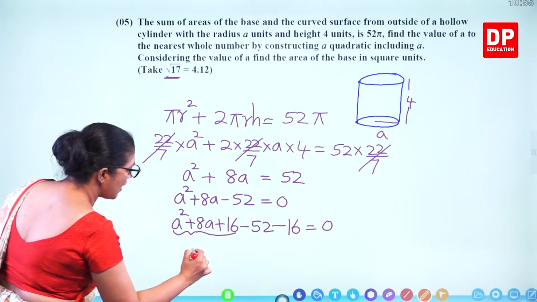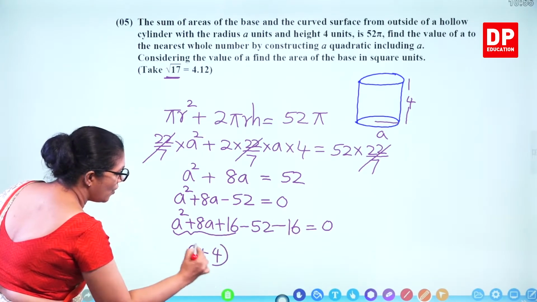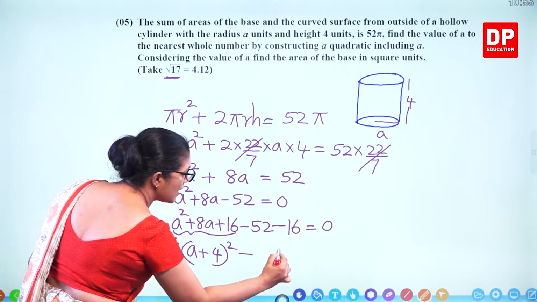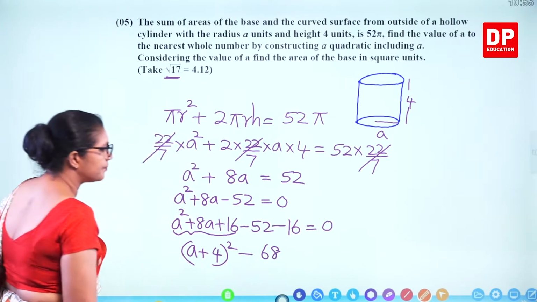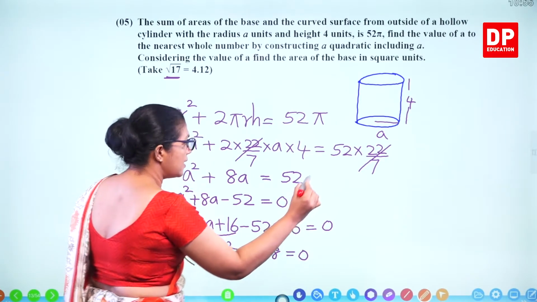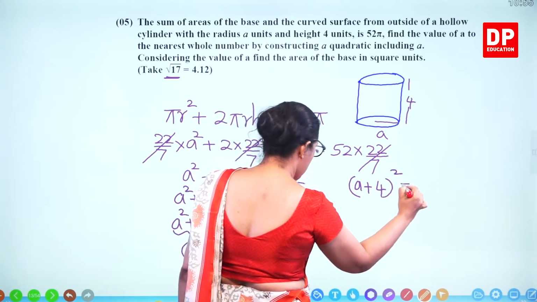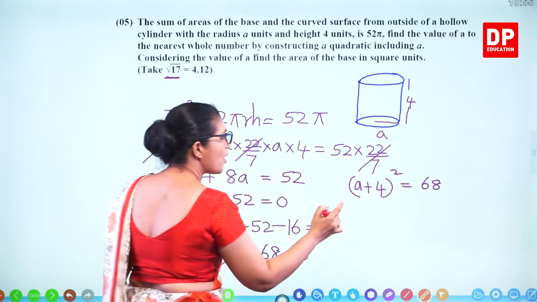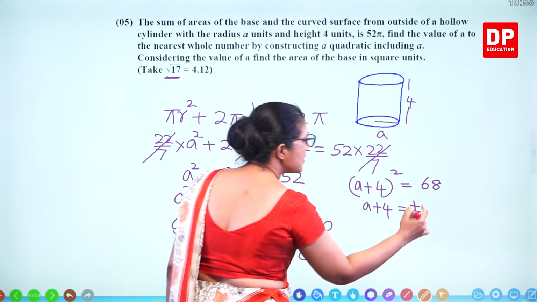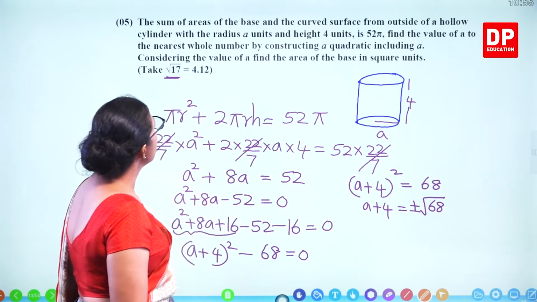So these three you can write as A plus 4 squared, minus 16, minus 52, you get 68. Now take it to the other side. A plus 4 squared is 68. Now take the square root on both sides. A plus 4 is plus or minus the square root of 68. What is the square root of 68?